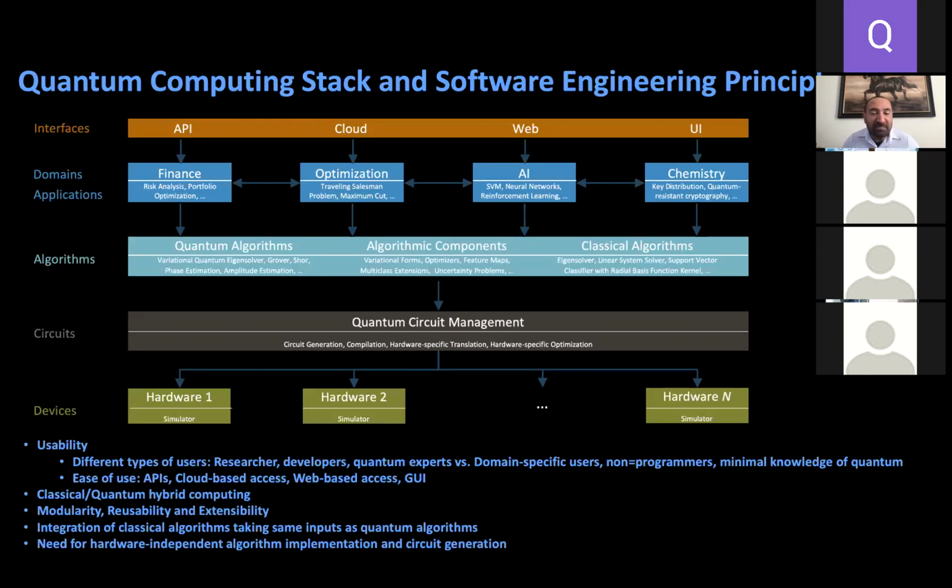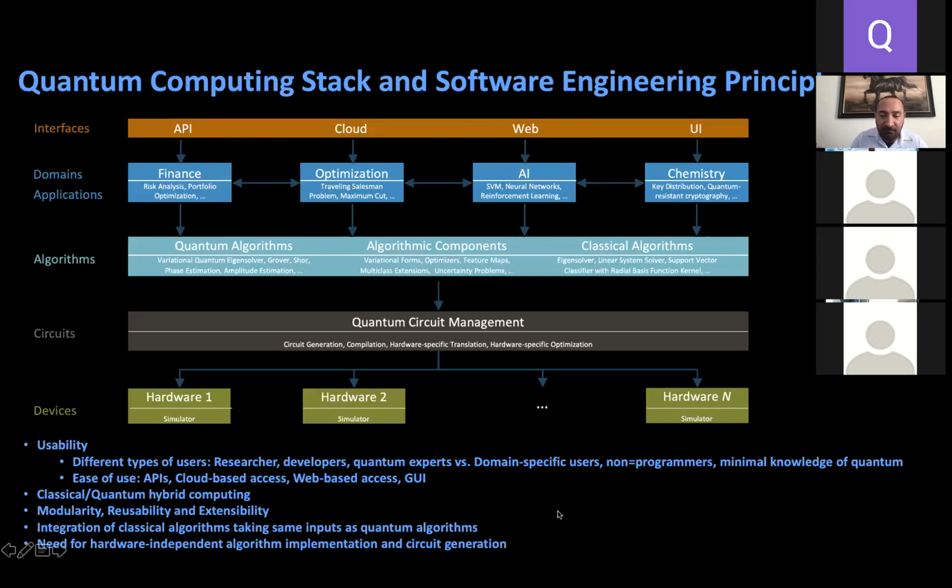So it's important to partition a problem: anything that can be done classically should be done classically, and quantum computing should only be used for really complex operations. So it's almost like a partitioning of the problem into classical and quantum.